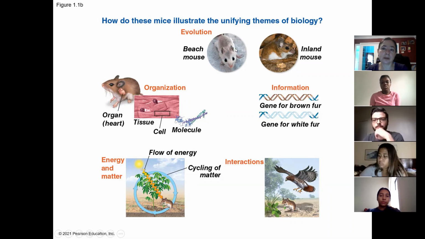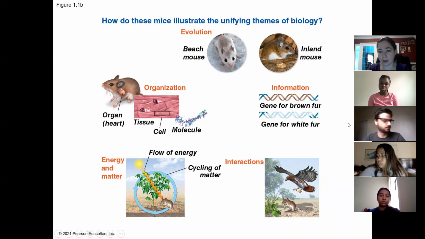You look at the mouse and you think, what contributes to different looks? And you can actually say genetic information, different genes activated in two different strains of them, right? So a gene for brown fur and a gene for white fur, or maybe some other differences like ear shape.